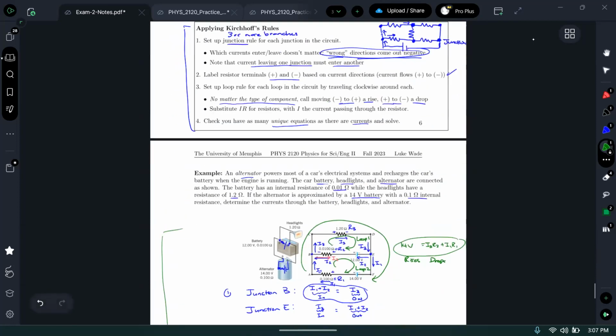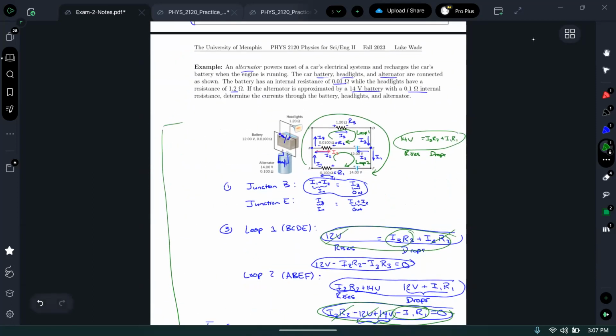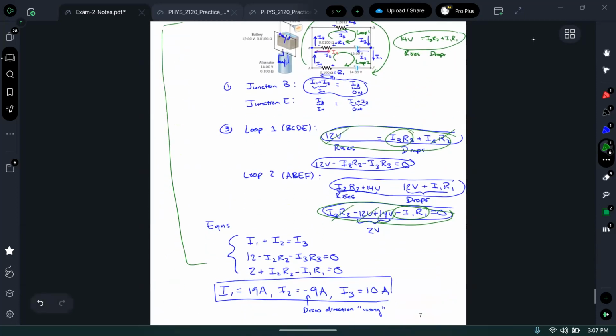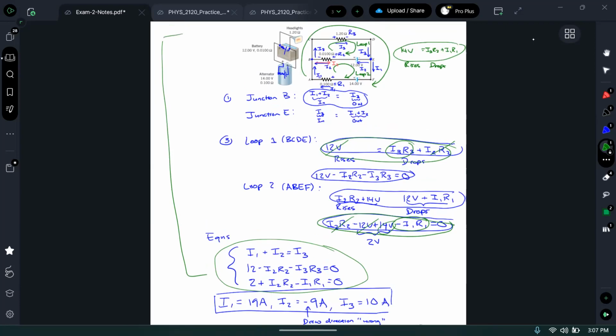And then I'll give you one more like this, where maybe we have multiple batteries, and so we can't use the series and parallel relationships. So you have to use Kirchhoff's rules. But if I do, I will just be asking you to set up the equations. You don't have to solve them, you just have to set them up.